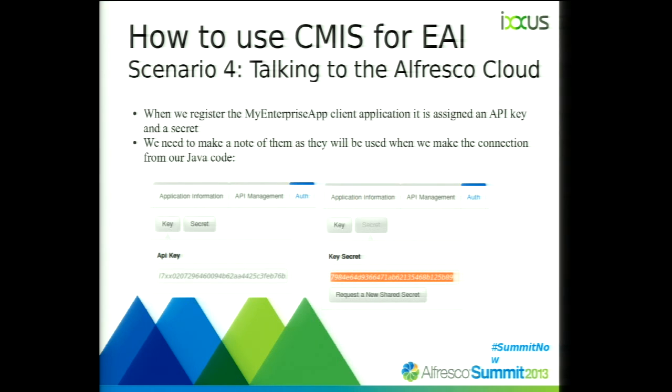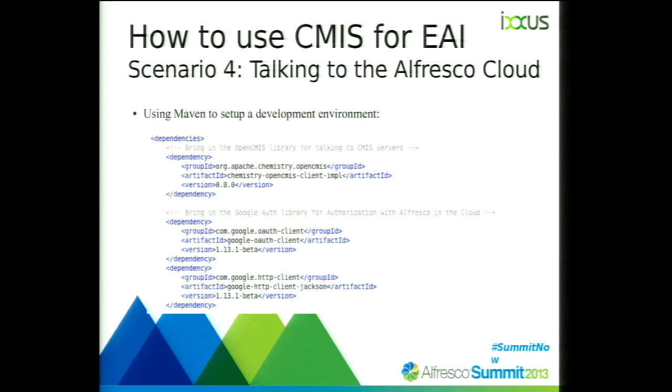You take them and then you download a project that I've supplied, which has a Maven setup. There are two Maven projects given to you. One is a plain, simple OpenCMIS Maven project. This one is a Maven project that expects you to be talking to the cloud, so it has all the stuff there.